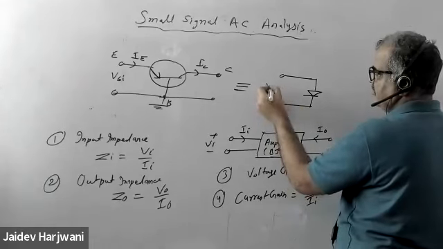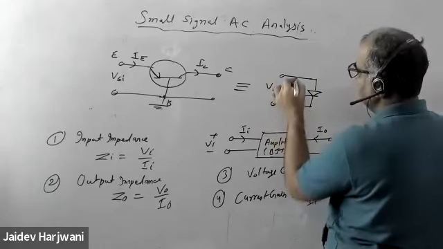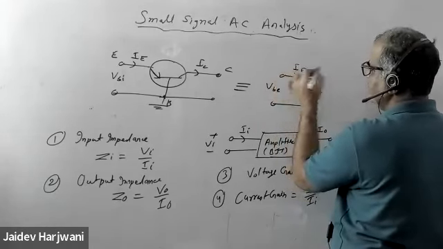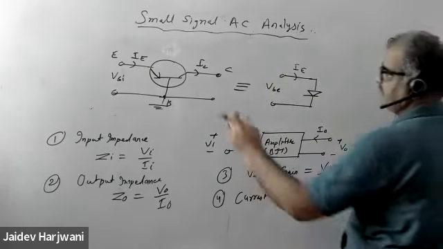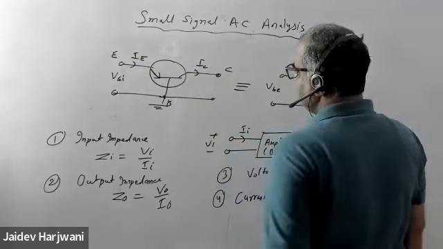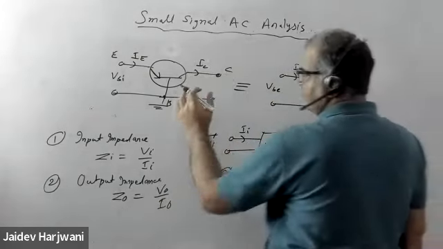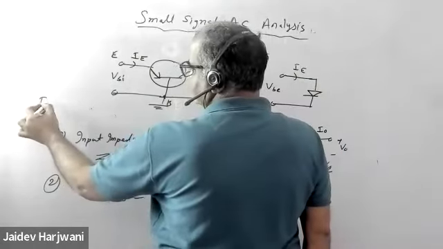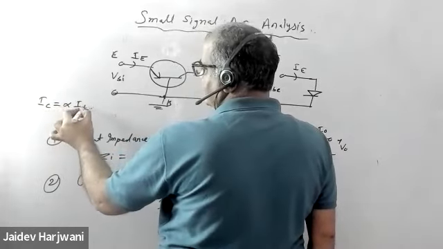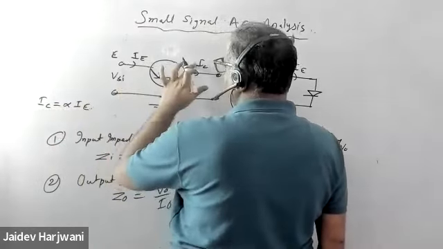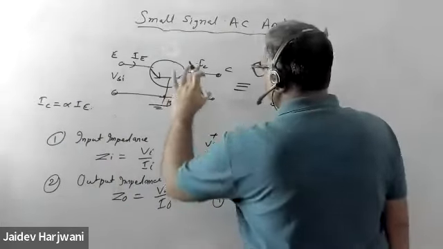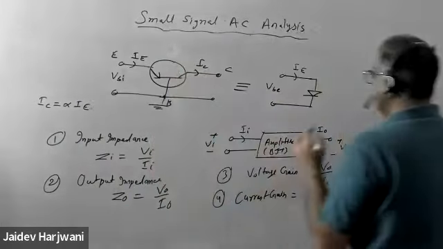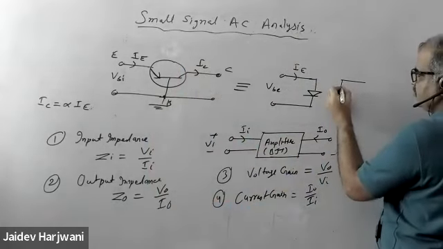I'm applying voltage V_B and I_E is the current flowing here, and here is I_C. You know in common base configuration your I_C is alpha I_E. This is the input current, this is the output current. So here I can replace the output by a current source.